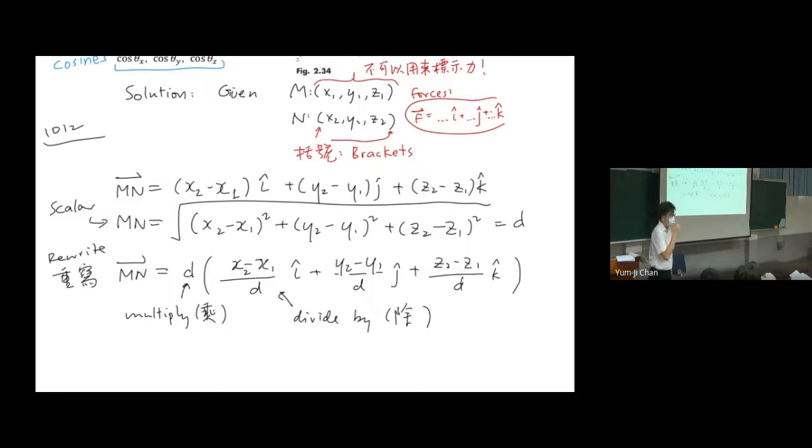We simply multiply the vector MN by d at the front, and we divide each term by d. Is that okay? It sounds logical, right?